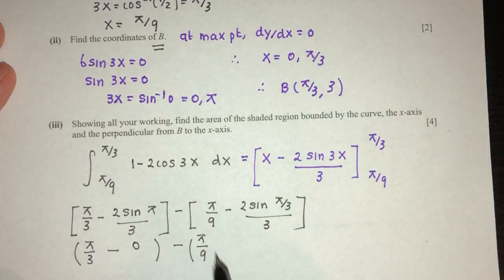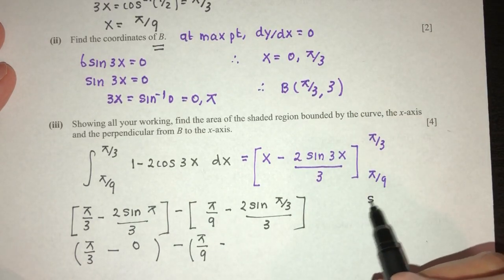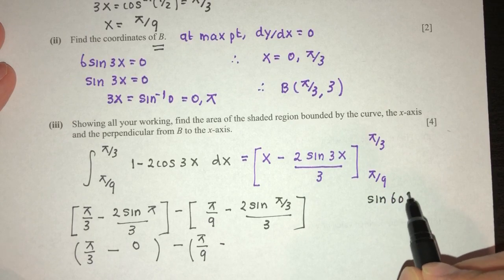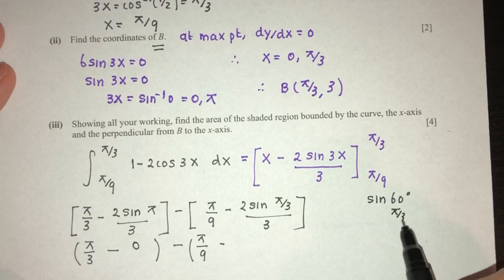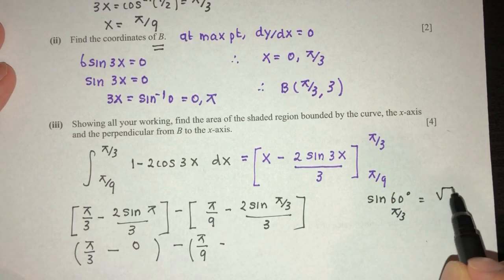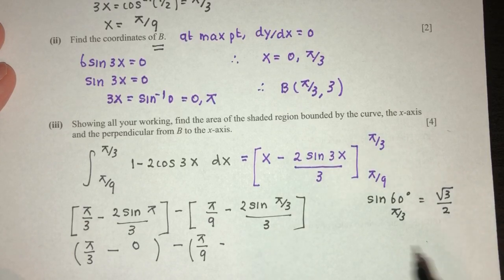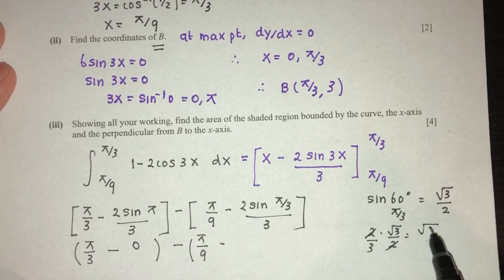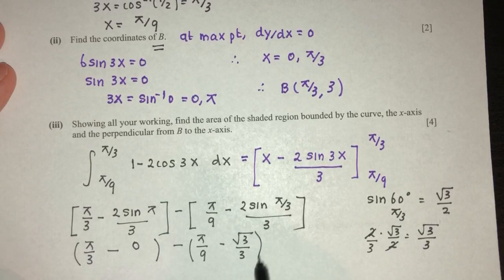So sine of 60 degrees, or you can write sine of pi by 3, is equal to root 3 over 2. So replace this by root 3 over 2, so 2 times root 3 over 2, this is 3 here, that will become cancelled out, root 3 over 3 minus root 3 over 3.